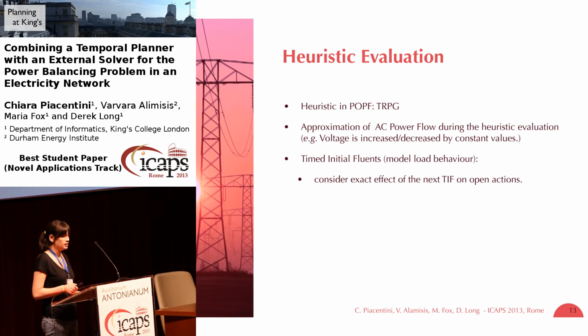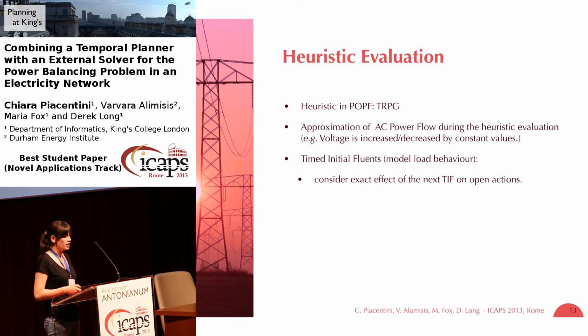For the heuristic, we use an approximation of these power flow equations. So, for example, we can say that if we step up the tap of a transformer, we increase the voltage of a busbar.